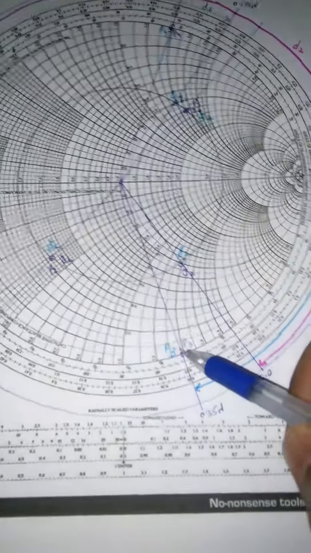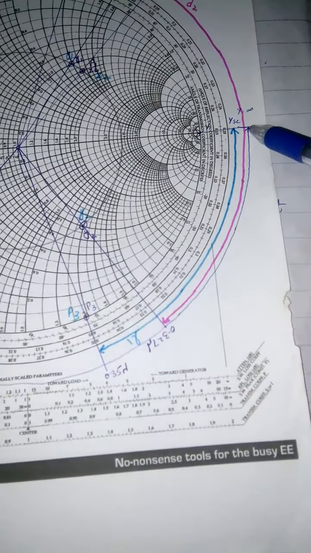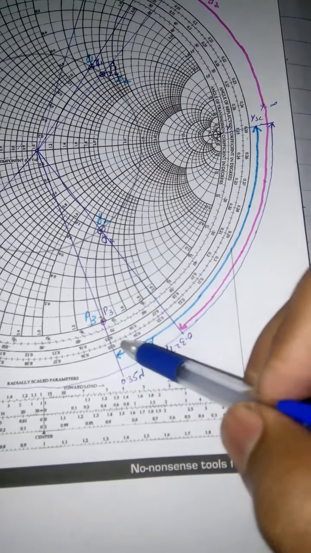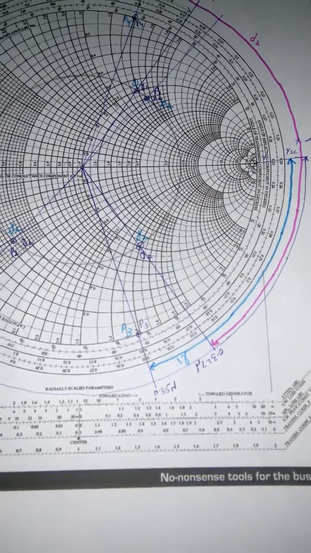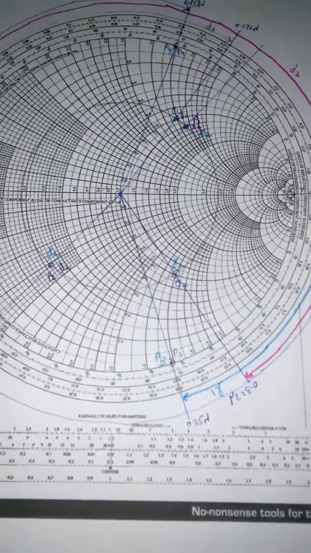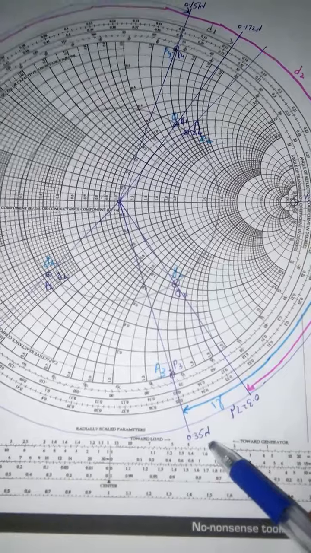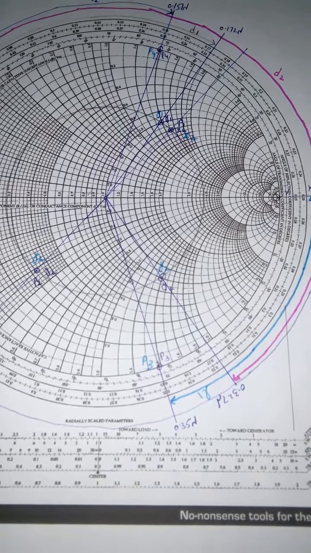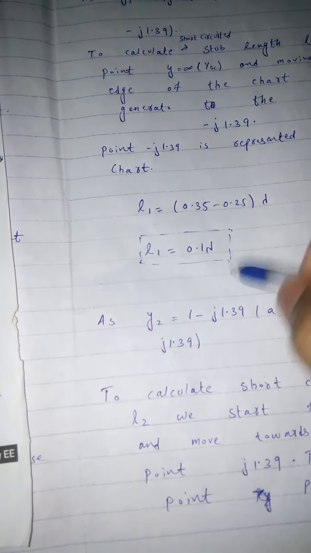So to calculate the length L1, we have to move from the short circuited stub to our point P3. To calculate L1, we will subtract 0.25 lambda from 0.35 lambda, and here L1 will be calculated as 0.1 lambda.